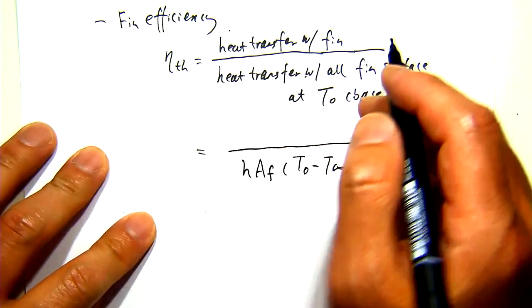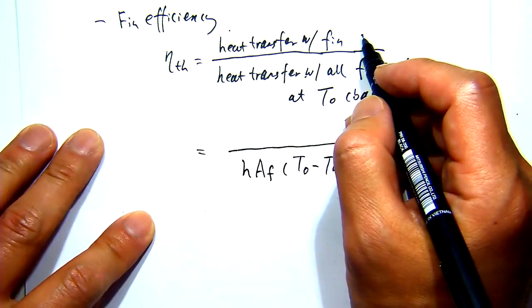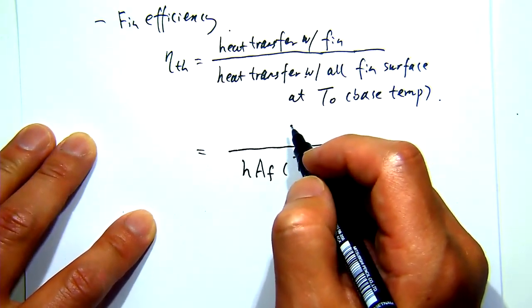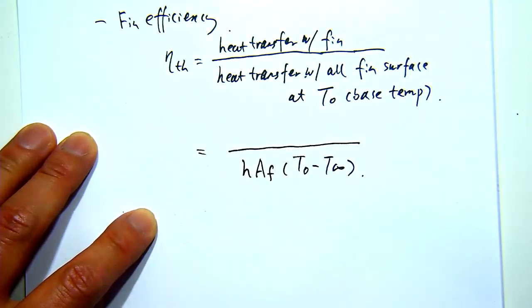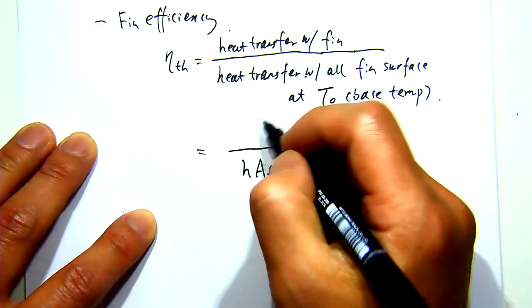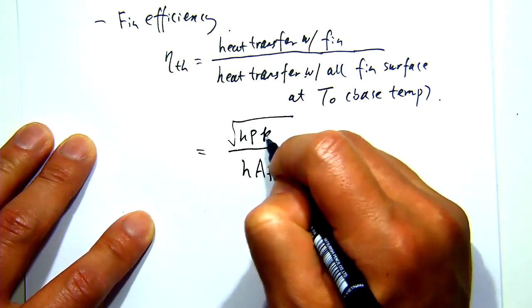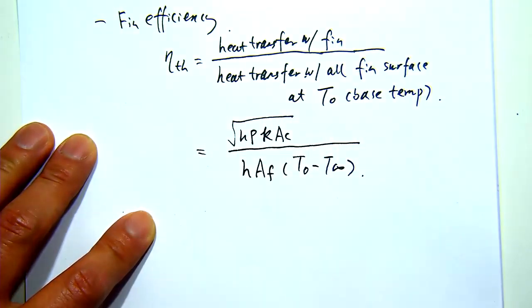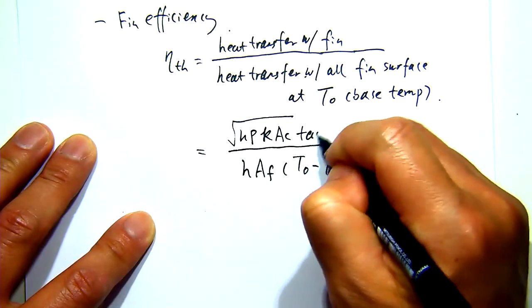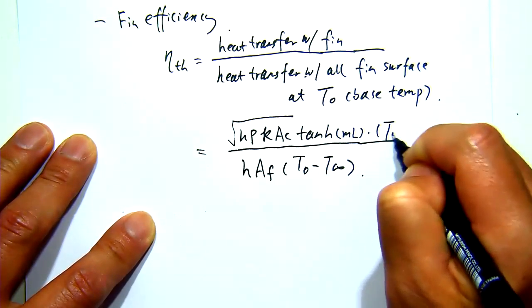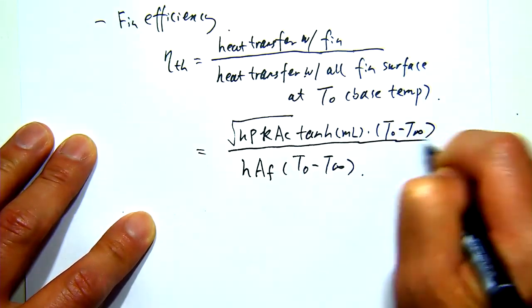And on the numerator, we choose the case of the adiabatic fin, just for discussion purposes. So that one is equal to square root of hP kAc, hyperbolic tangent mL, and T0 minus T infinity.